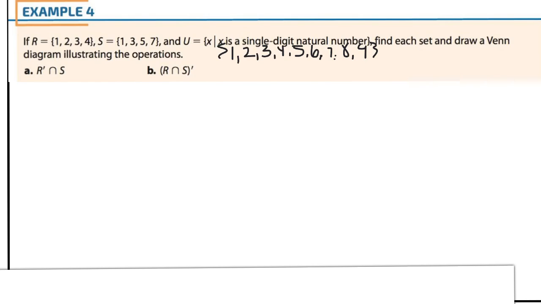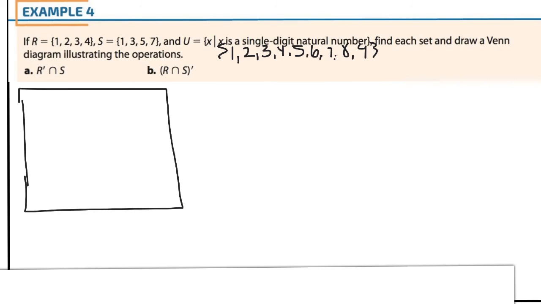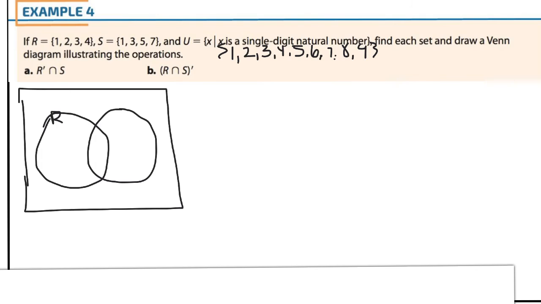Well, let's draw this universal set here. There's my universal set. Here is R, and here is S. So if I look at what's intersecting in R and S, it's 1 and 3. If I look at R, I also have 2 and 4.